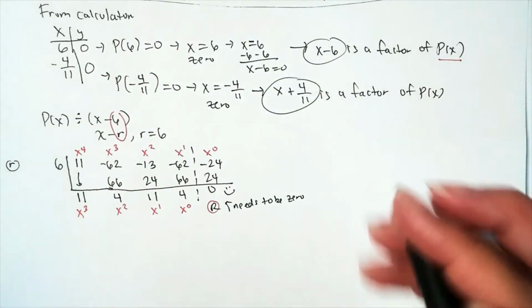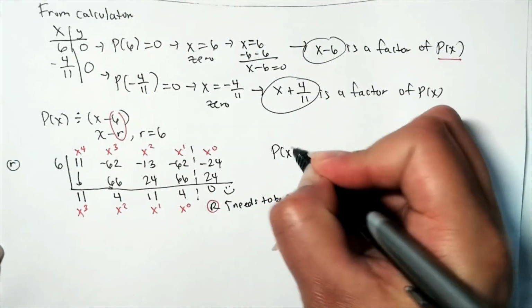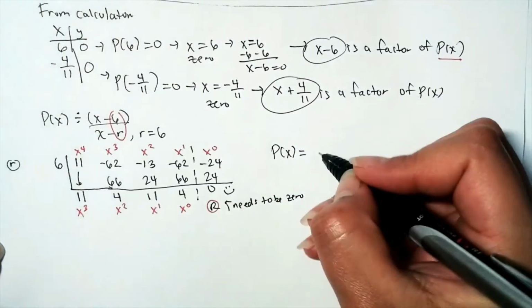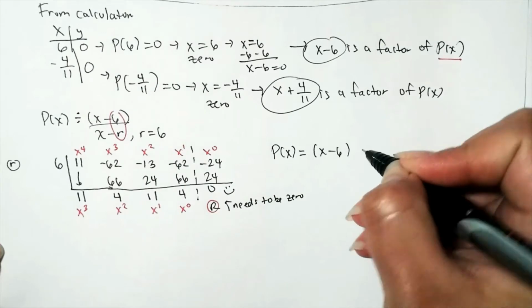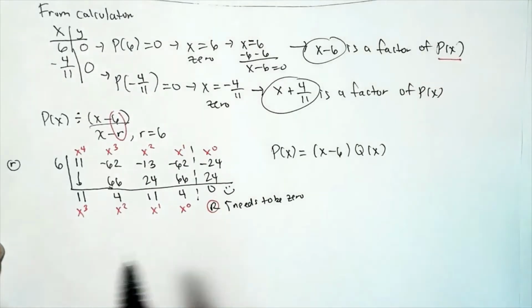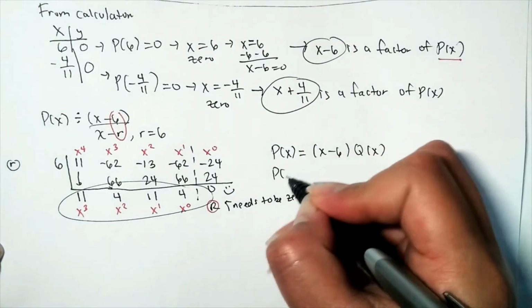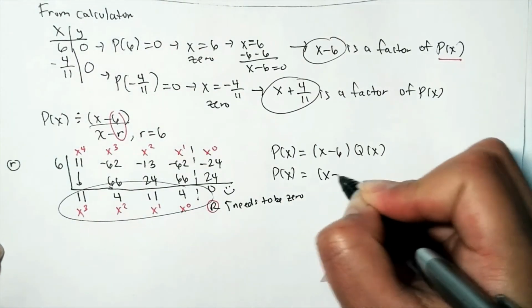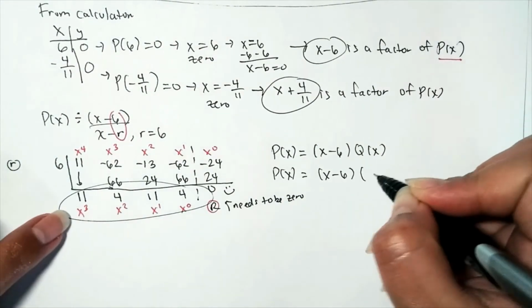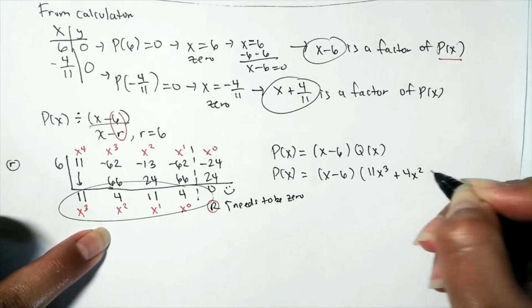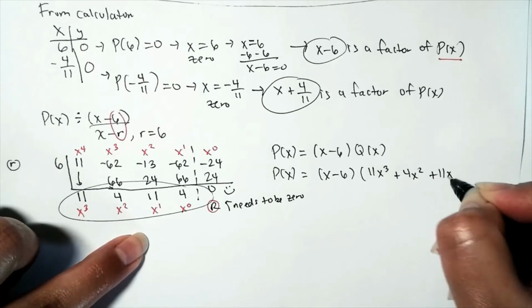When we begin to factor the polynomial, that will give us p of x equals, we divide it by x minus 6, and then we multiply it by the quotient, which is this right here. So p of x equals x minus 6 times 11x cubed plus 4x squared plus 11x plus 4.